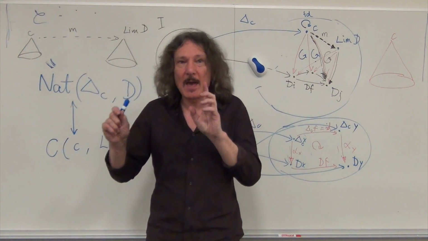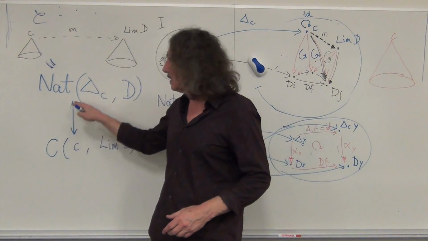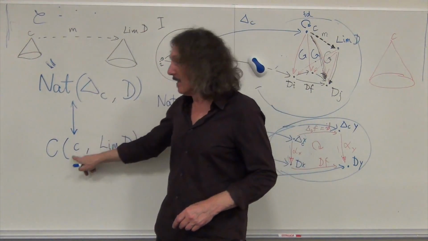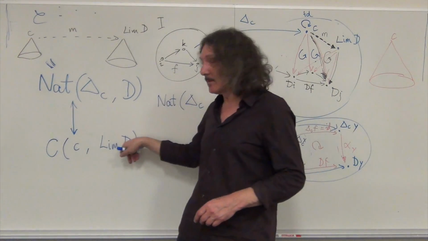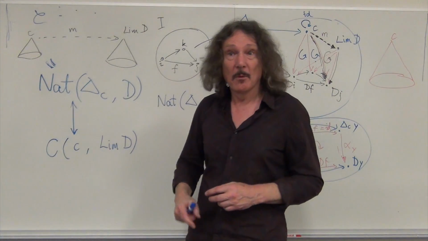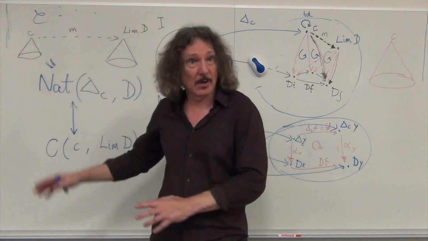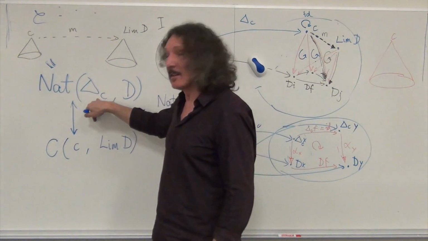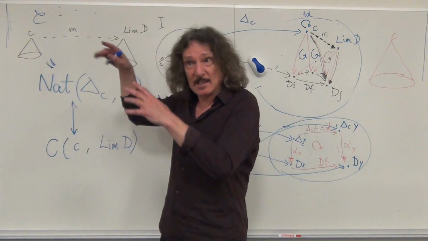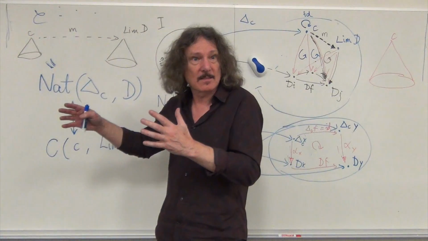Now look what happens when I try to vary C, because this is like a single cone based on a single C here. And these are morphisms between just this point C and lim D. What if I vary C? Because I want to take into account all possible cones, not just the ones coming from C, right? There could be many cones coming from the same vertex, from the same apex, right?